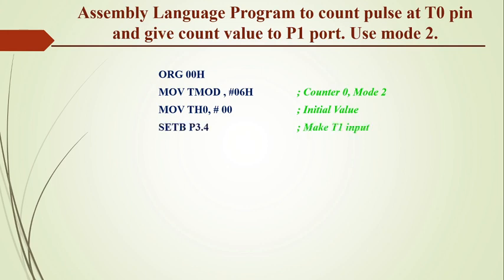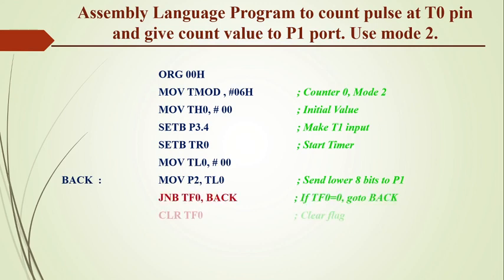As we are using the timer 0 input, we are making this bit equal to 1 using the instruction SETB P3.4. Now start the timer using the instruction SETB TR0. Here MOV TL0, #00, so this is the initial value.